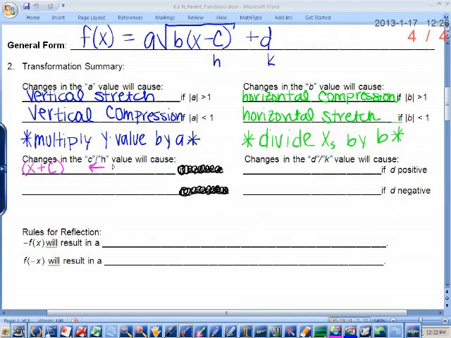Yeah, a horizontal translation left c. And if we see x minus c in parentheses, what does that tell us to do? Go to the right c. And the fancy name for these are horizontal translations.